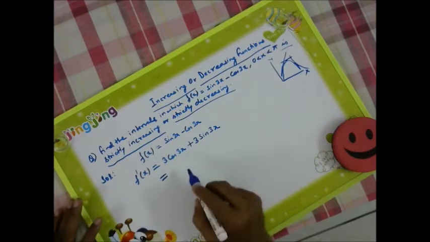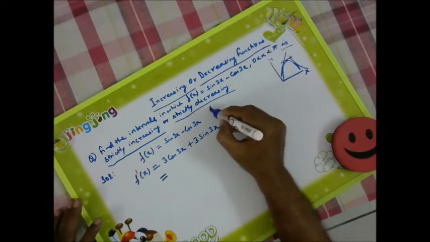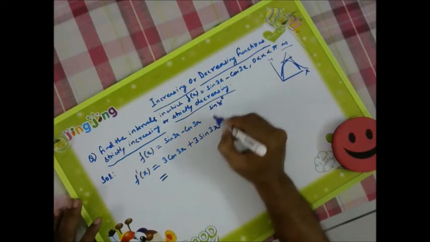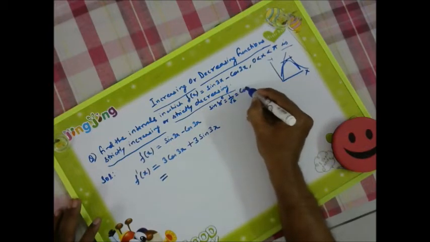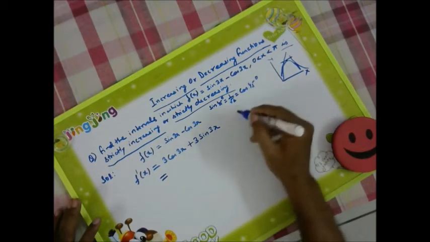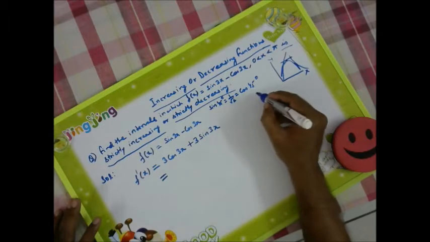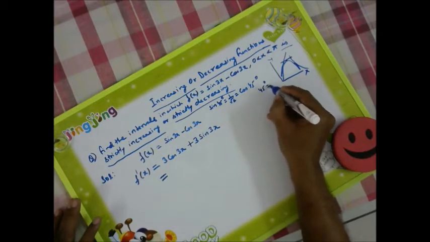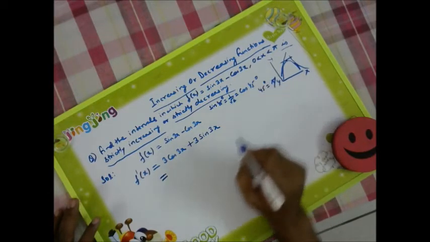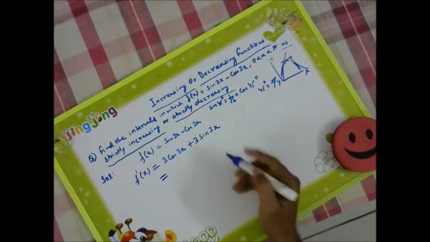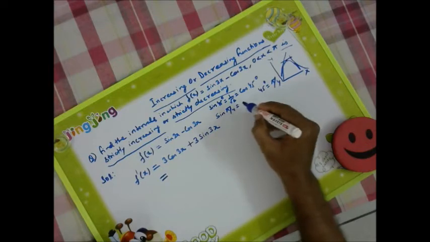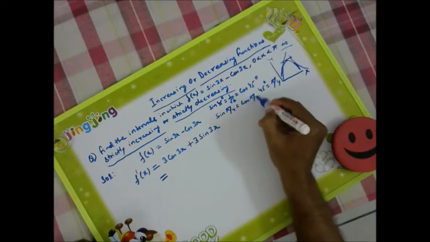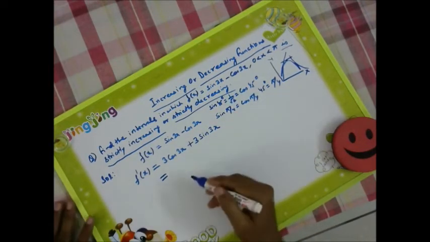We know that sin 45 degrees is equal to 1 by root 2, which is also equal to cos 45 degrees. And 45 degrees is actually pi by 4. So sin pi by 4 is equal to cos pi by 4, which is equal to 1 by root 2.